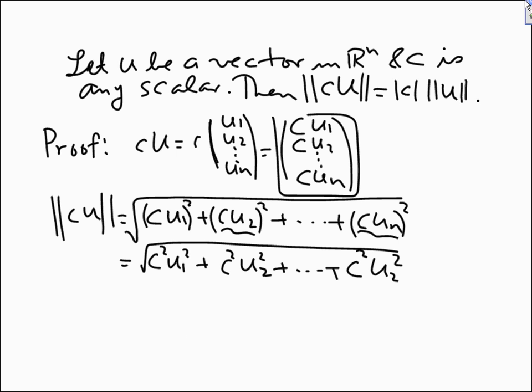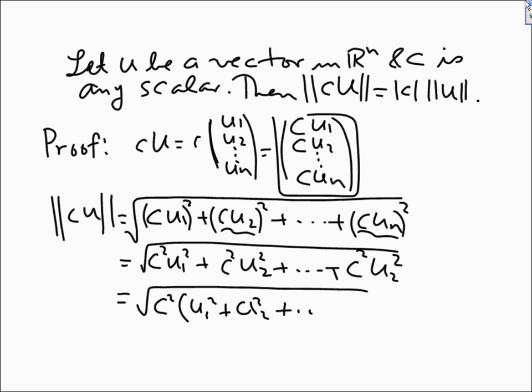I can factor out C squared. So underneath the square root sign, I have C squared times (U1 squared plus U2 squared all the way up to Un squared).